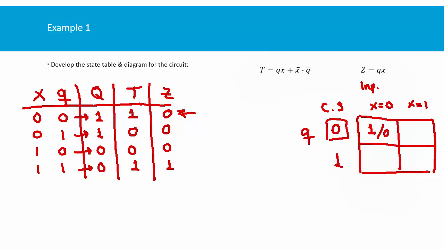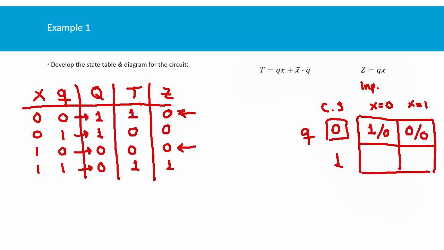Then on the next column, when you have x equal to 1 and q with small caps equal to 0, you are analyzing this row, and in this row Q is going to be 0 and the output is going to be 0.